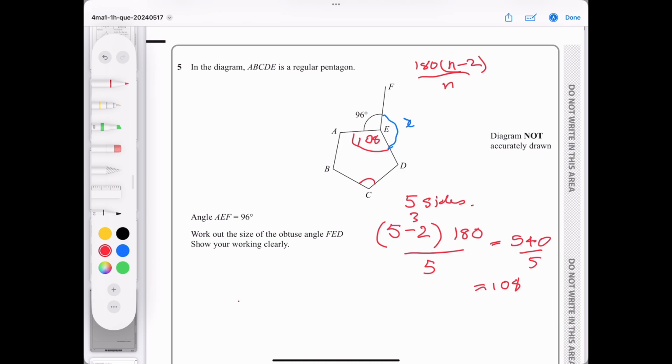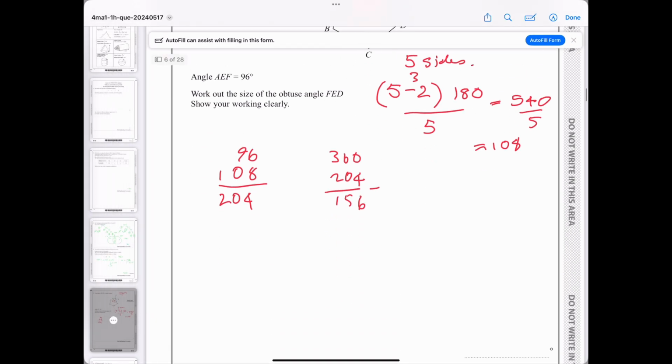So you say 96 plus 108 equals 204. And now we take 360, we take away 204, and that gives us 156, I apologise. 156 is what E is.